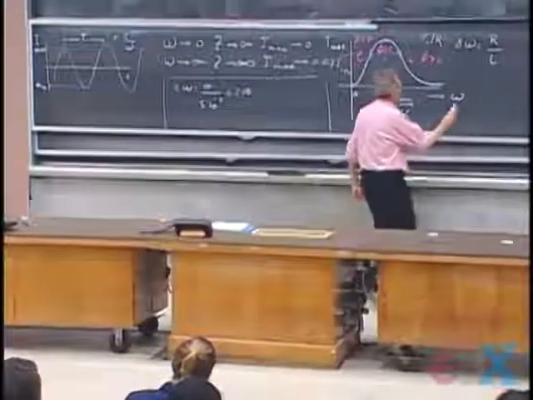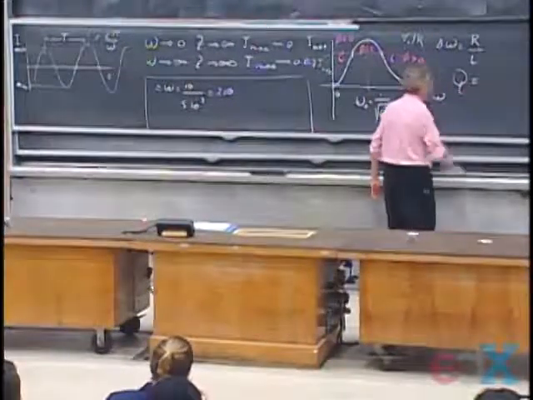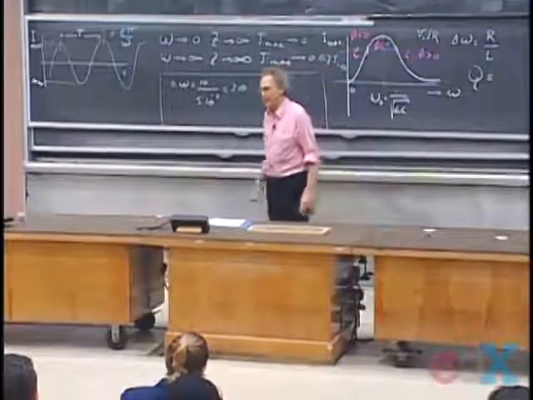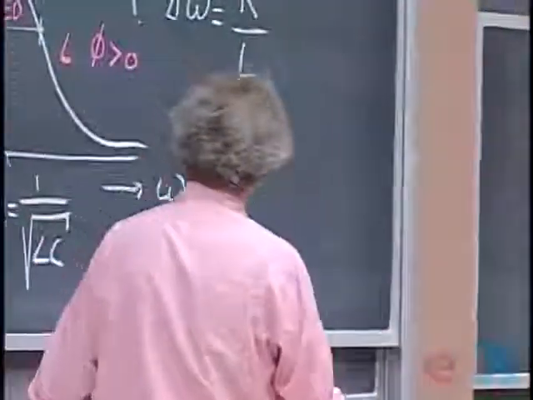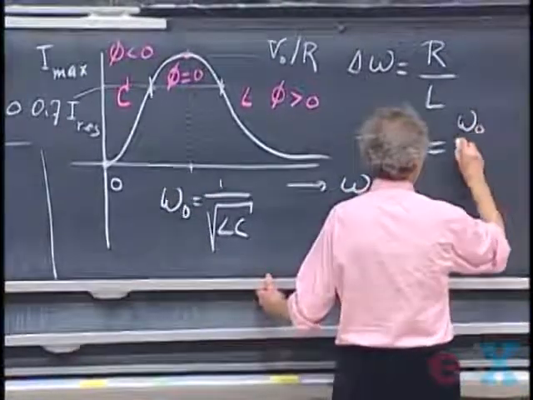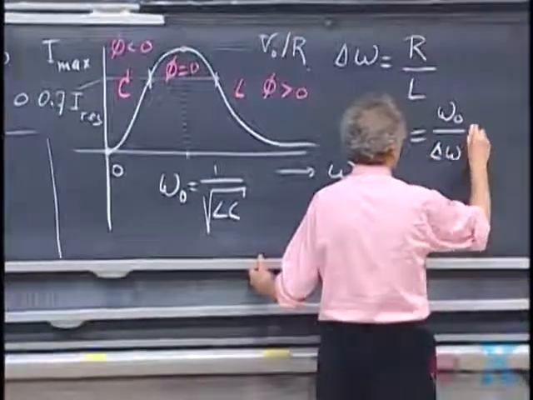We define Q not as charge, don't ever confuse that with charge. We call it the quality of the resonance, and the quality is defined as omega 0 divided by delta omega.